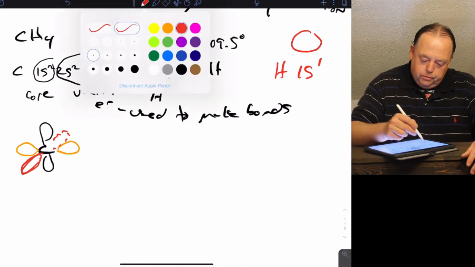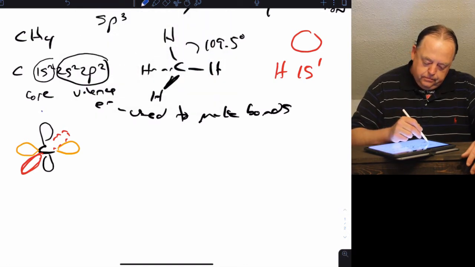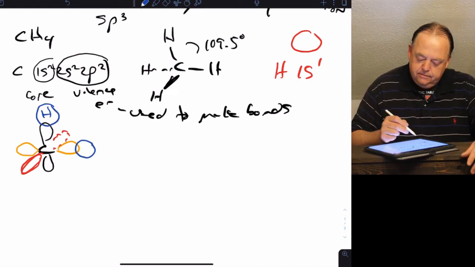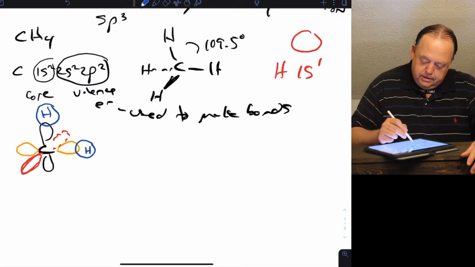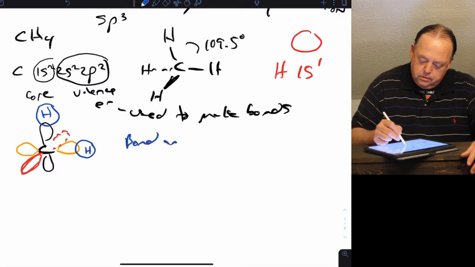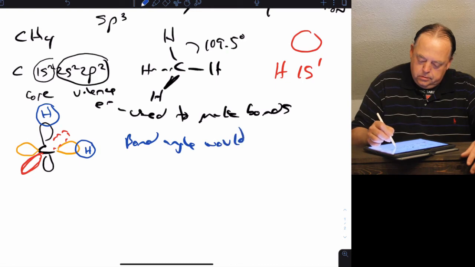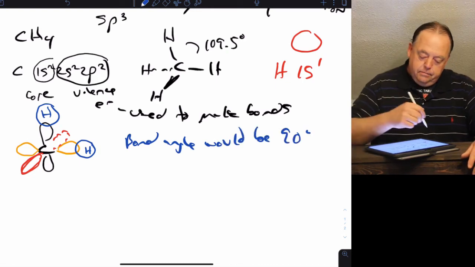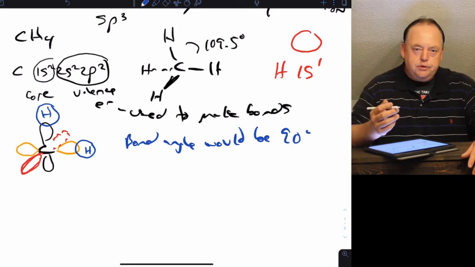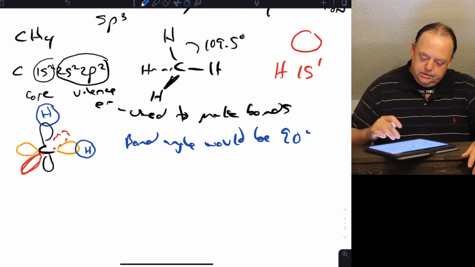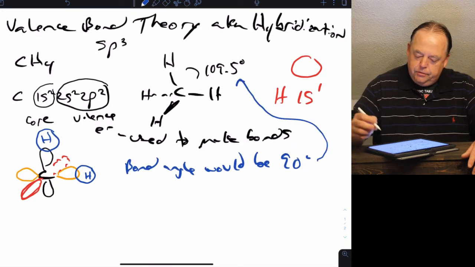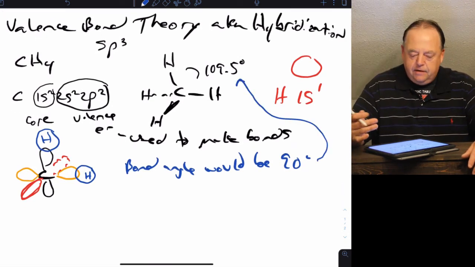If hydrogen's 1s overlapped carbon's py and px, for example, then that bond angle would be 90 degrees, since py, px, and pz are all mutually perpendicular to each other. But that does not fit experiment, because experimentally the bond angles are known to be 109.5.